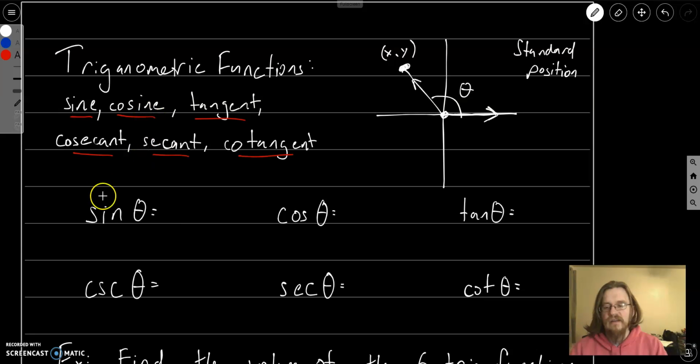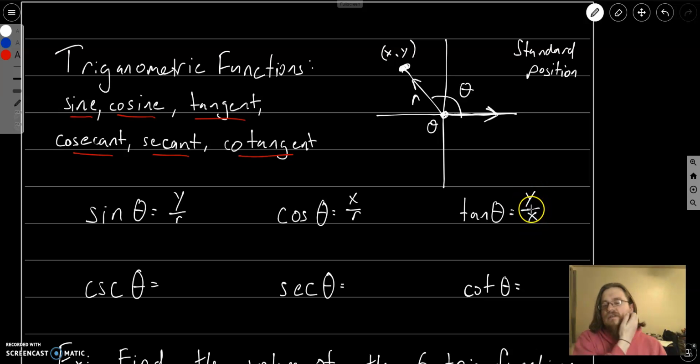We're going to use this angle to calculate the values of some functions. So we can take the sine of an angle, the cosine of an angle, and so on. And it's going to depend on x, y and the distance r, the length of this line from the origin, script O, up to x, y. So the sine is in fact going to be y over r. Cosine will be x over r, and tangent will be y over x.